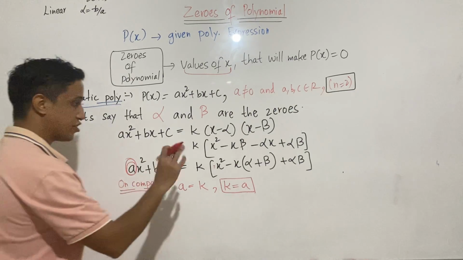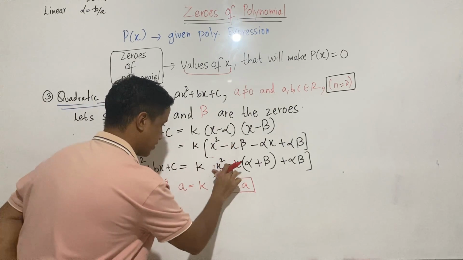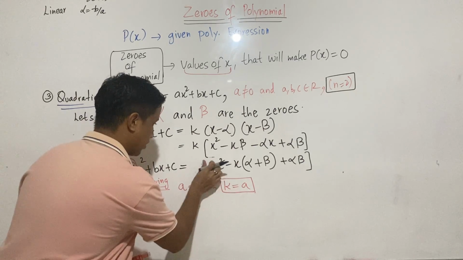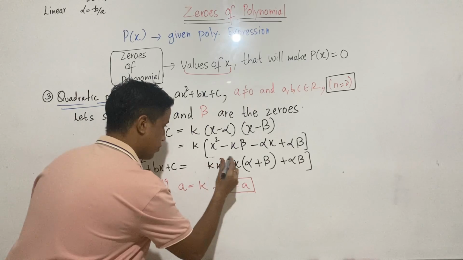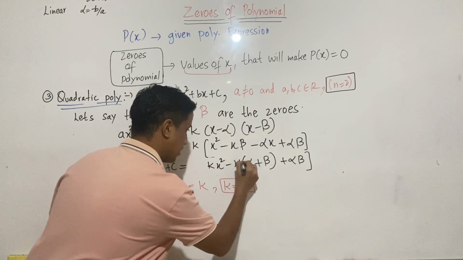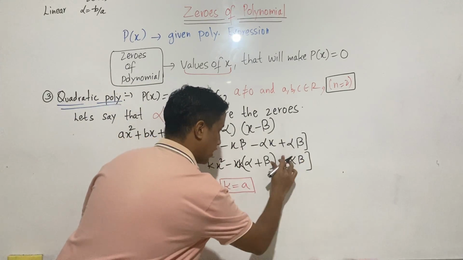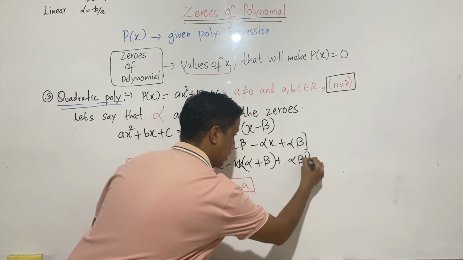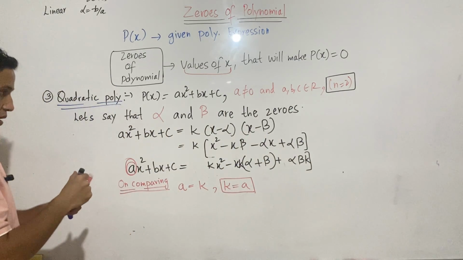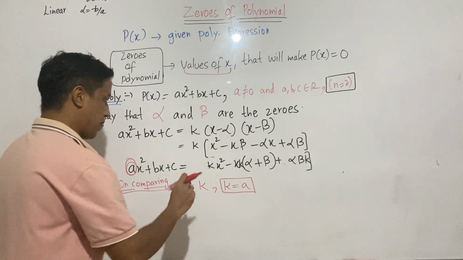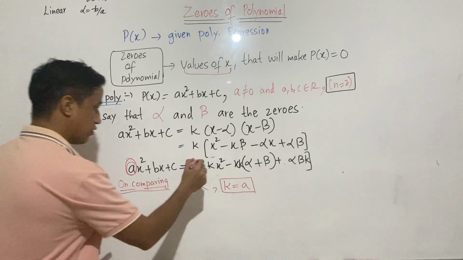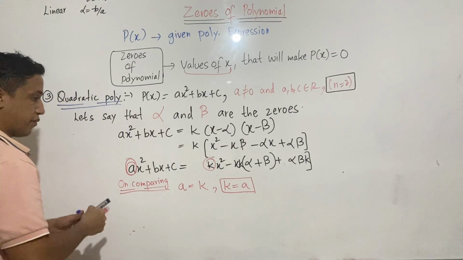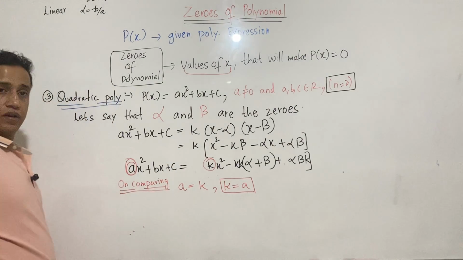Or I can further simplify it. Okay, wait, I can just multiply this k here, k x square minus xk, and here k plus alpha beta k. Okay, then now see here, compare this one.